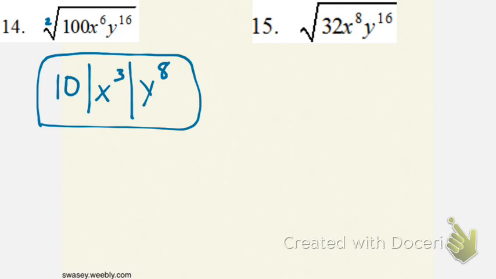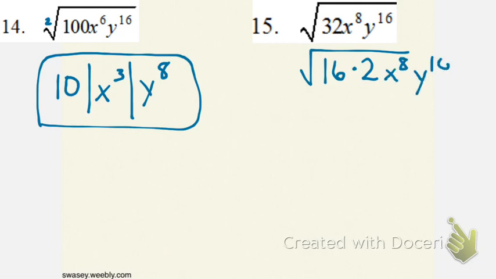15, we've got the square root of 32. That can be rewritten as 16 times 2. Square root of 16 is 4. Still have the square root of 2 there. Square root of x to the 8th power is x to the 4th.